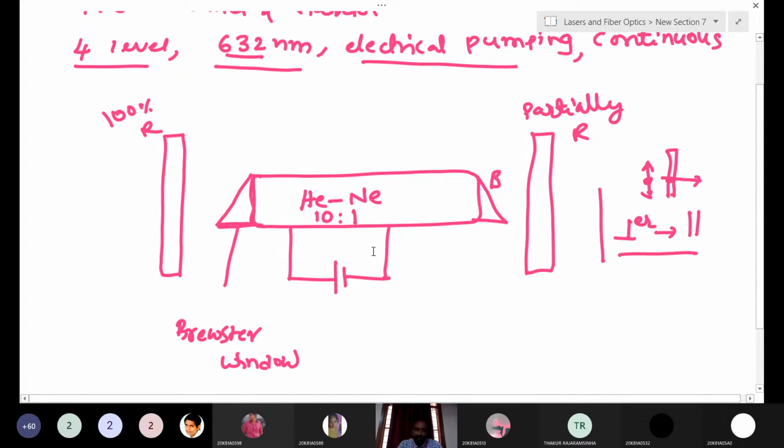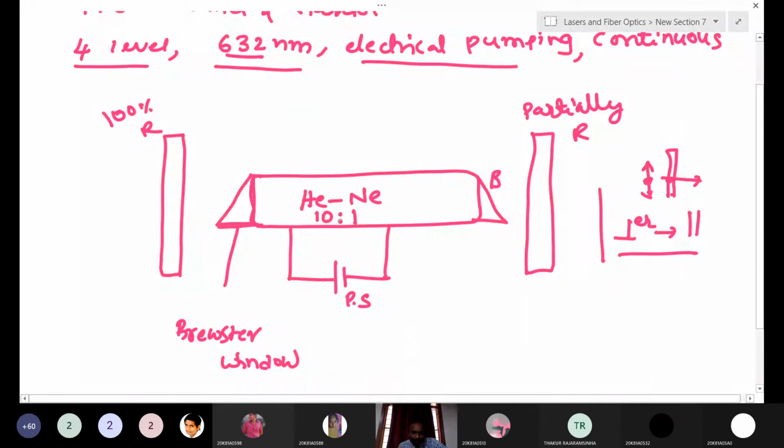This is the simple construction you can see here: Brewster windows, and the power supply, which I'm writing as PS, and the resonator or optical cavity. Here the gas mixture is taken in a 10:1 ratio.